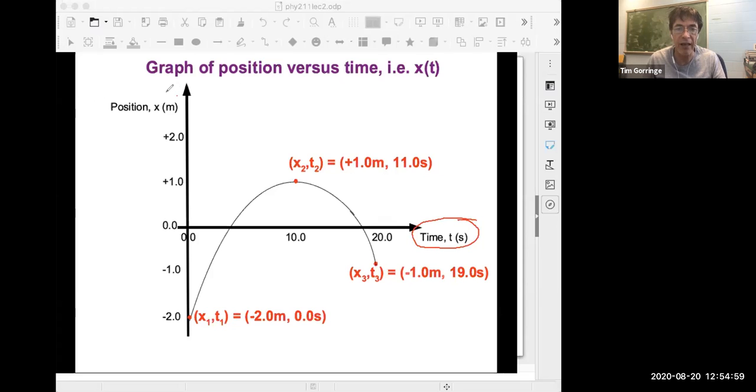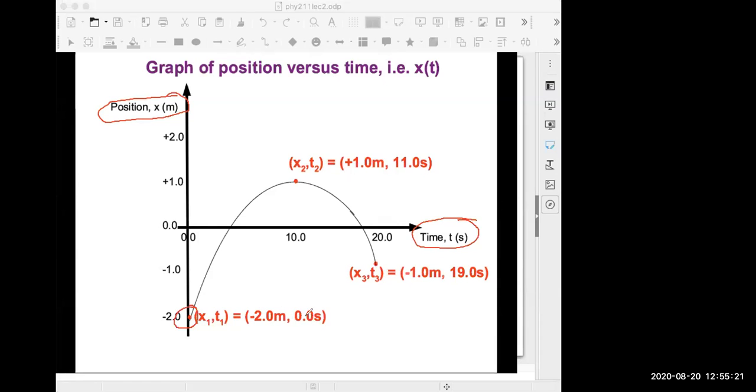The vertical axis on this graph is position. And so this is a time versus position graph of the cart. Now, there's a little red point down here. I called it X1, T1 because that was the initial position at the initial time for the cart. It was at -2 meters, and that's where I started the clock.